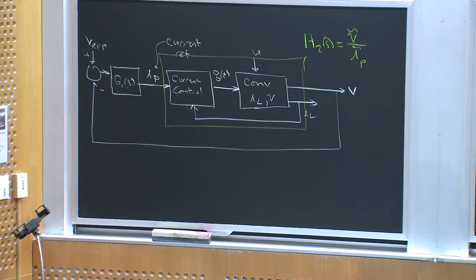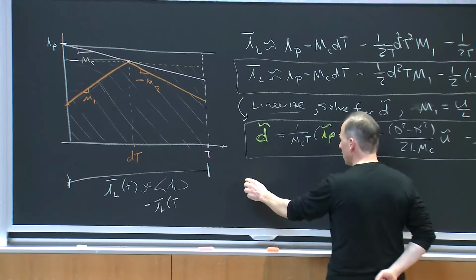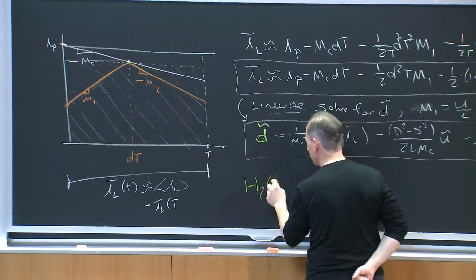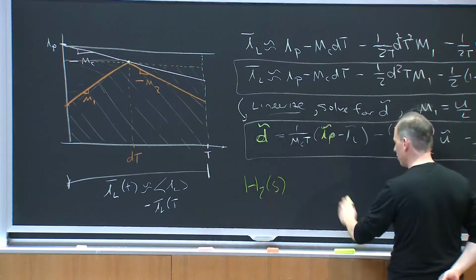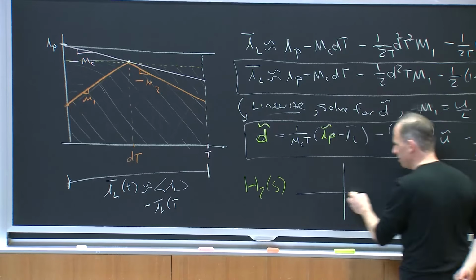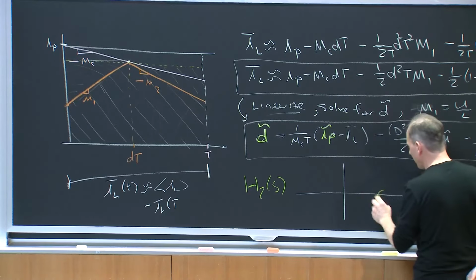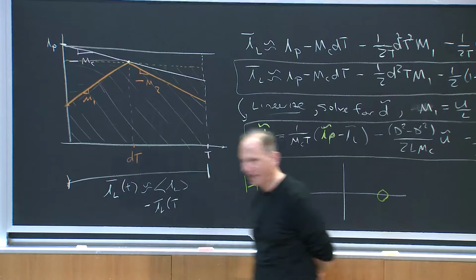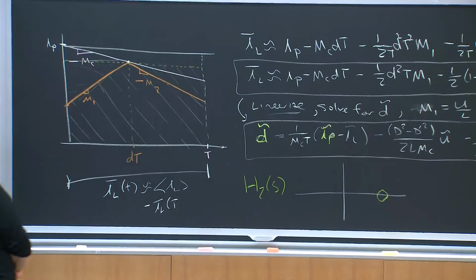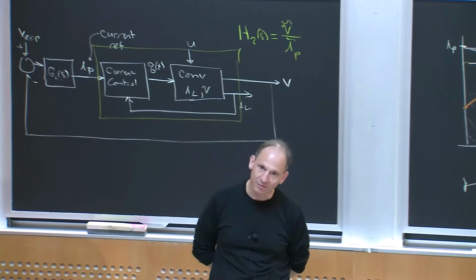What was the point of doing this substitution and getting my new H2 of S? If I look at that transfer function, what am I going to find? I'm still going to find a right half plane zero. I can't get rid of that. That's related to how the converter behaves.